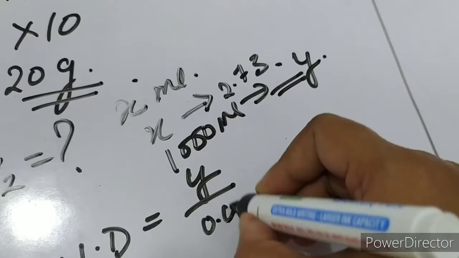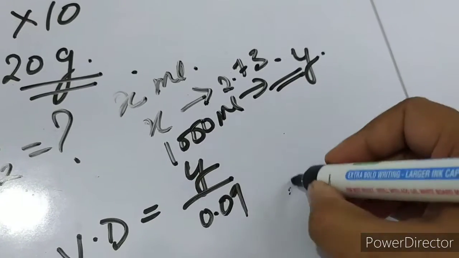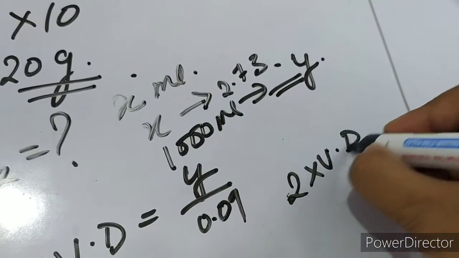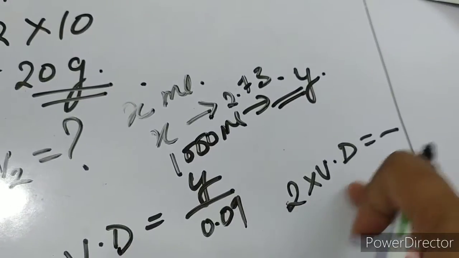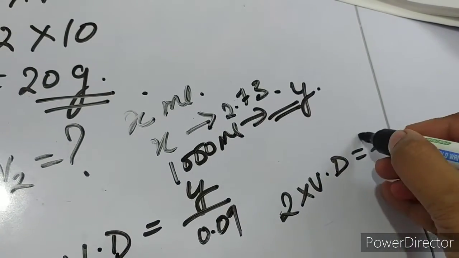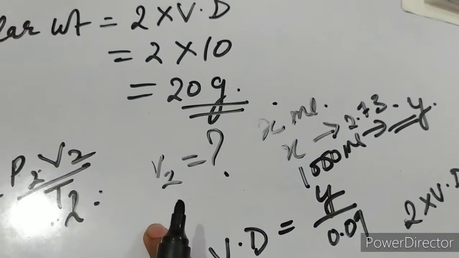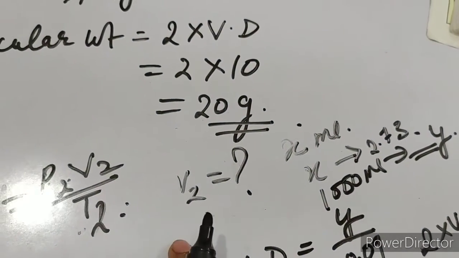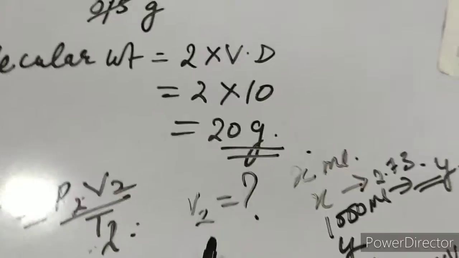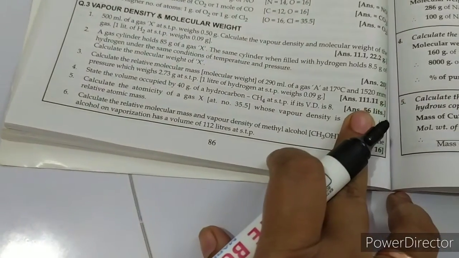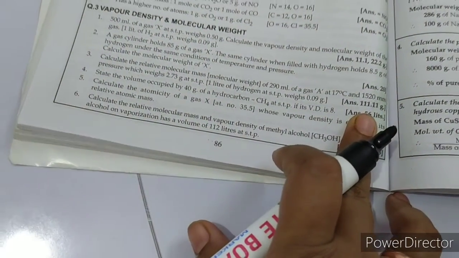Whatever vapor density you get, multiply it by 2 and you will get the molecular weight as the answer. This you have to try on your own, and then check that your answer matches the answer given in your book, that is 111.11 gram.